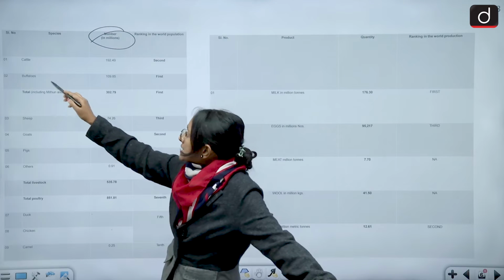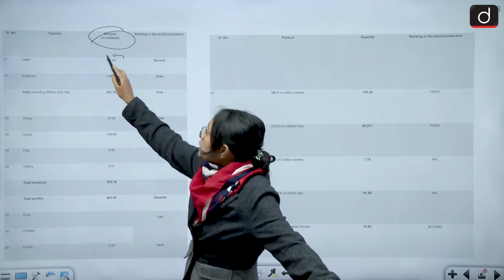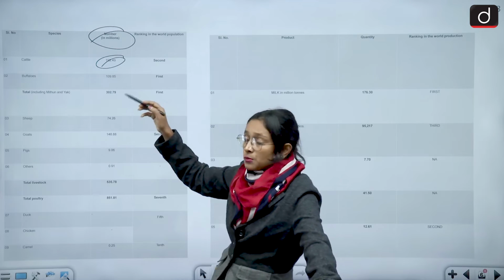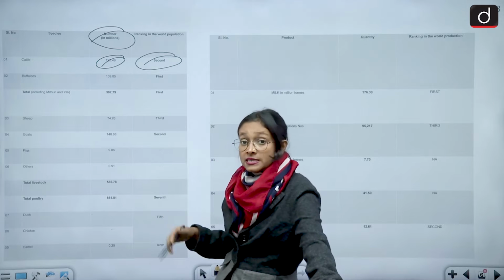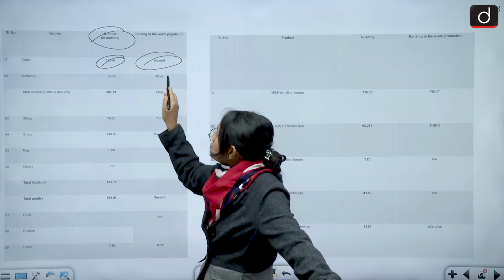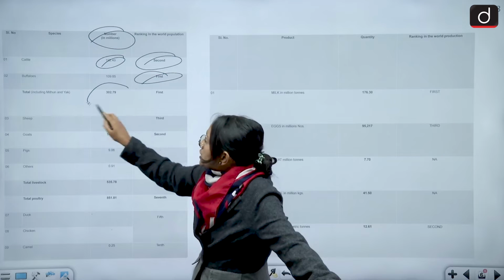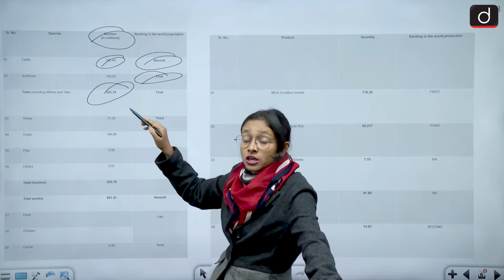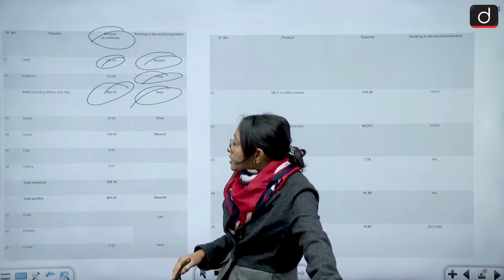So here this is the cattle. When it comes to millions, they are 192.49 million in number and we are second in number. So when it comes to cattle, we are second in number in the whole world. Then buffalo, we are also first in number, and when we include mithun and yak together, they consist of 302.79 million and we are first in number.